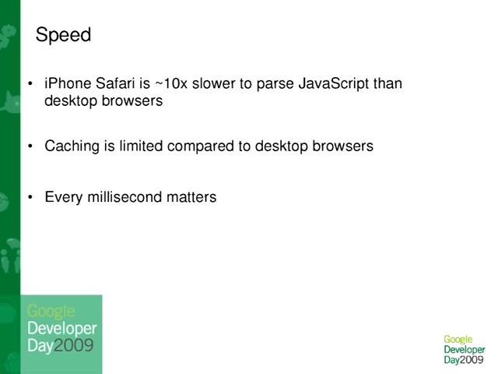One thing that we noticed is that it takes 10 times more time to parse JavaScript on an iPhone Safari browser or an Android browser than on a laptop. You don't have as much cache as you would on a laptop as well, and every millisecond matters. So that's really the main thing, is that JavaScript is slow, and fetching content remotely is a pain as well, because it's on mobile.